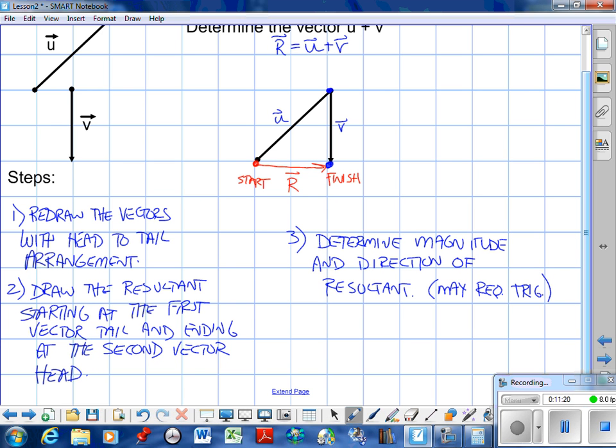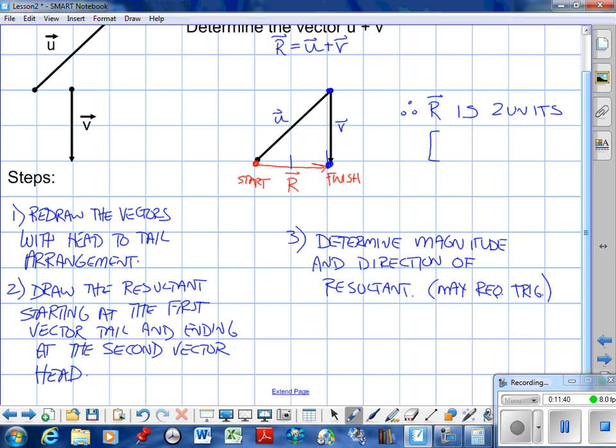I started us off with kind of a simple one here. So if we look at our answer here, you went in the direction of u, then you went in the direction of v. So therefore, my resultant is, and just counting squares, 2 units long. And then you need to give a direction.